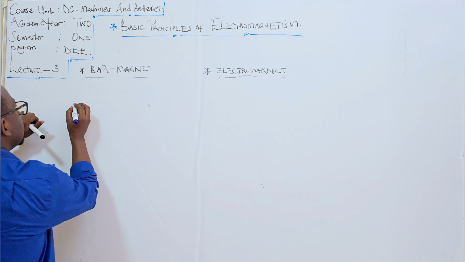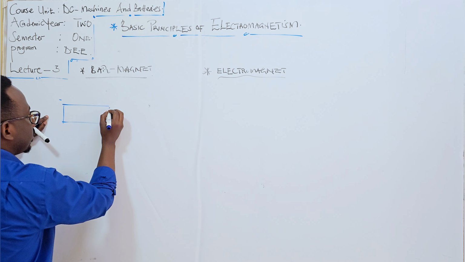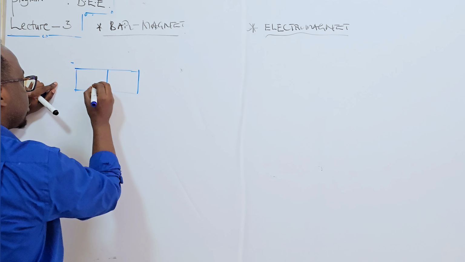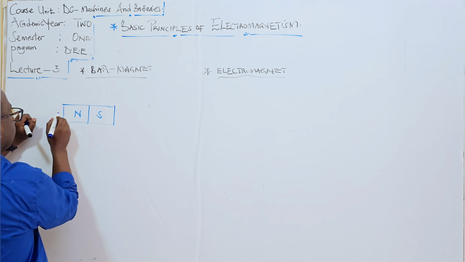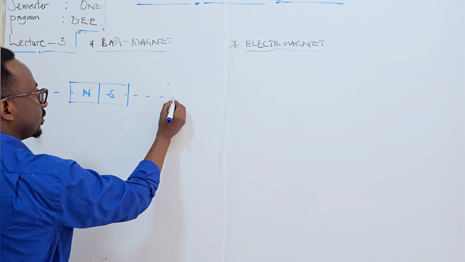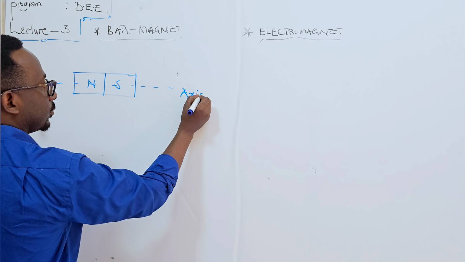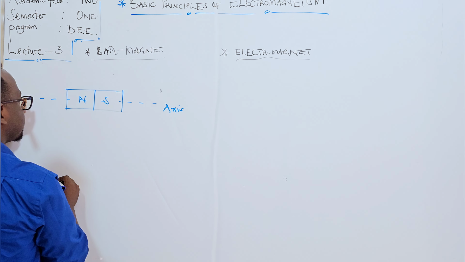Let's draw out a bar magnet. It was like so. That was the north, that was the south region. We had the axis, the magnetic axis.